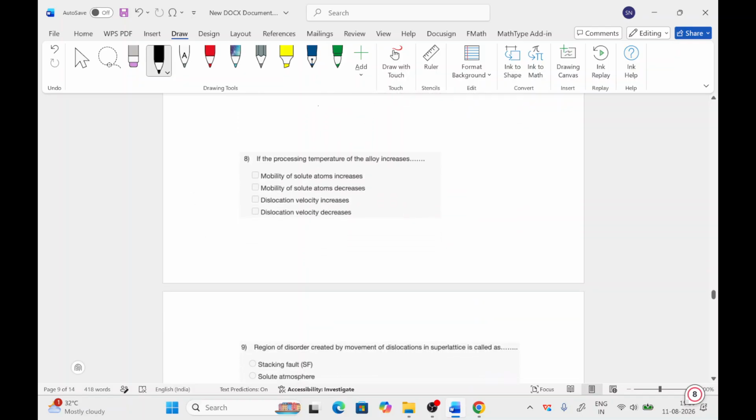Eighth question: if the processing temperature of the alloy increases, means if we increase the alloy process deformation, the mobility of solute atoms increases. Yes. Dislocation velocity increases? Because of the increase in mobility of solute atoms, the dislocation velocity decreases.